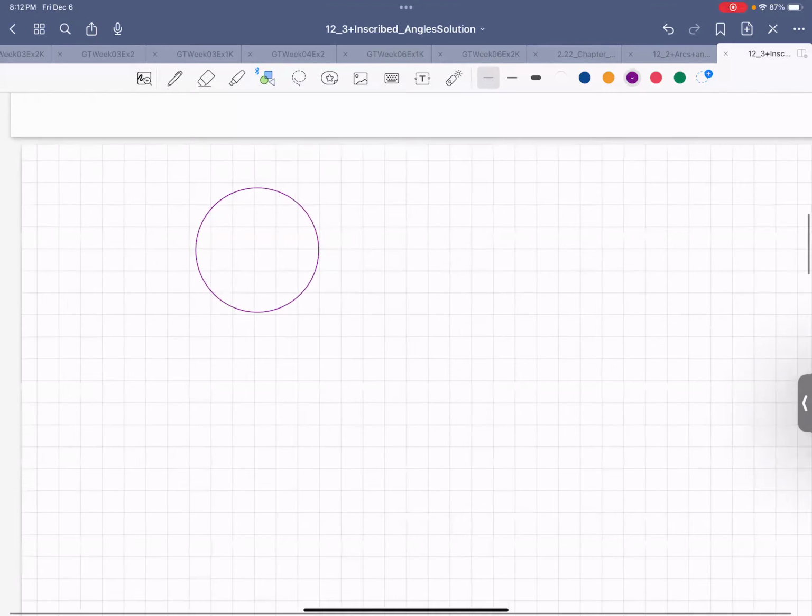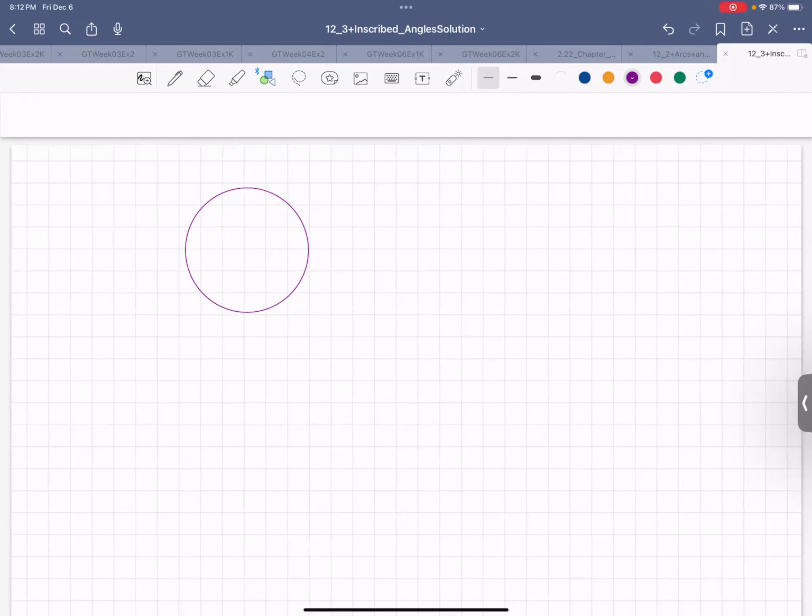So I remember the corollary theorem where if you have two angles and their lines meet up at the same point, then those two angles are the same. Yeah. Okay. So basically, you can draw this. And then you can draw that.